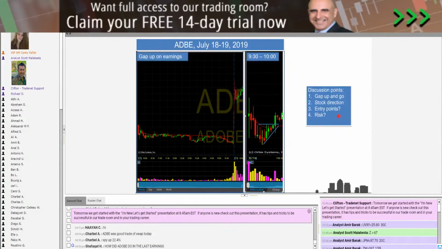If we can find entry points, can we deal with the risk on the trade? Stock direction, of course, is very important to us, and sometimes we do have a stock trade direction. And the gap up and go, is this a gap up and go situation? This is what we need to discuss right now.